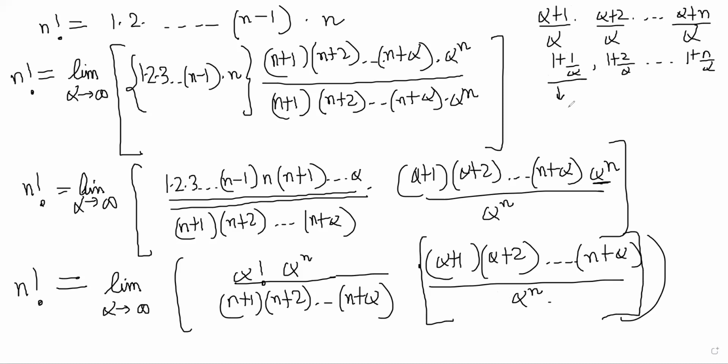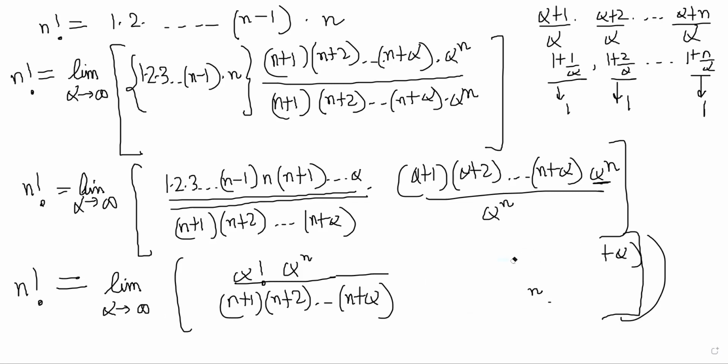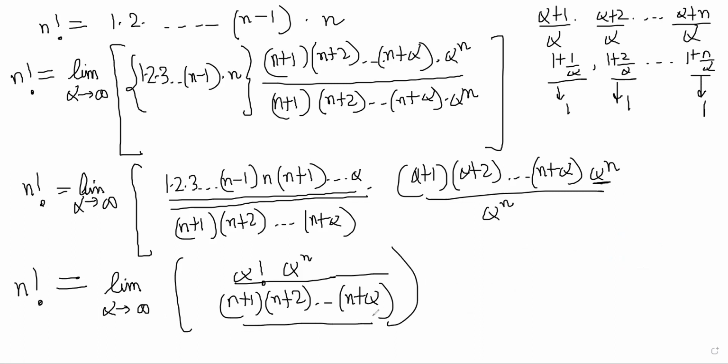All of these terms tend to 1, right? So this whole part will tend to 1. So we can technically remove that here, and our final n factorial is still going to be equal to limit of alpha into alpha power n by this expression, right?